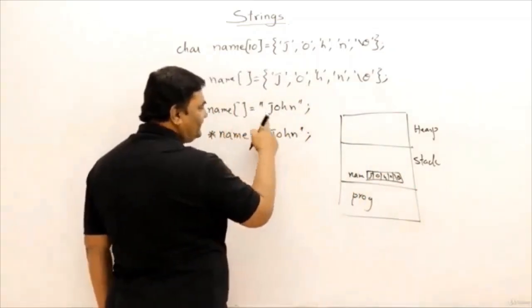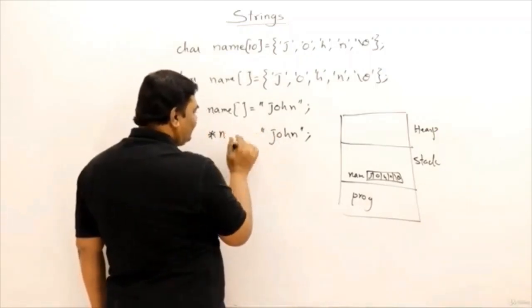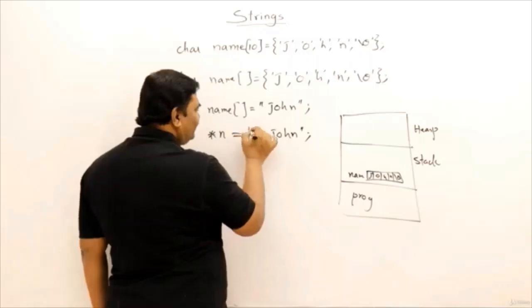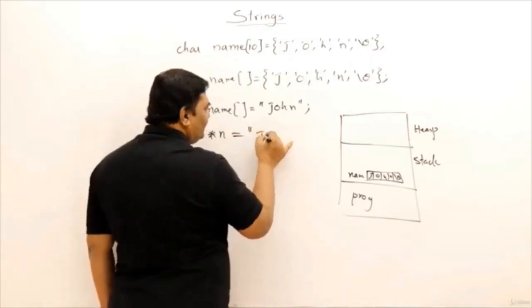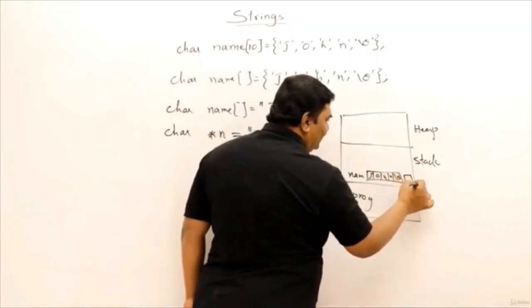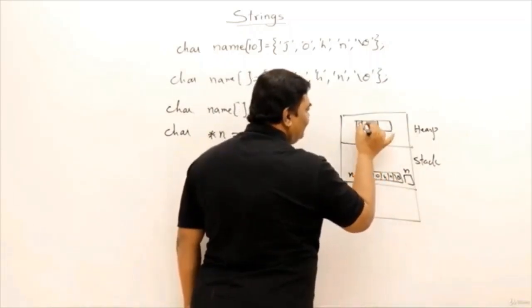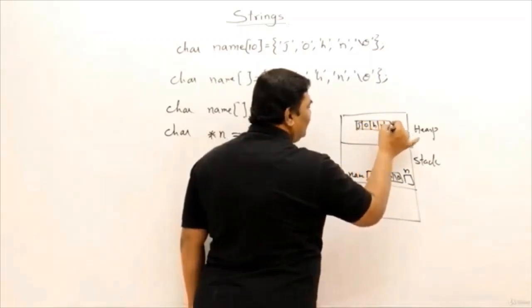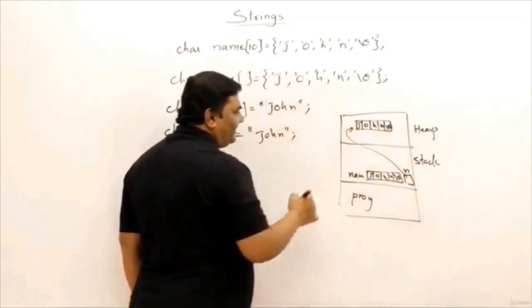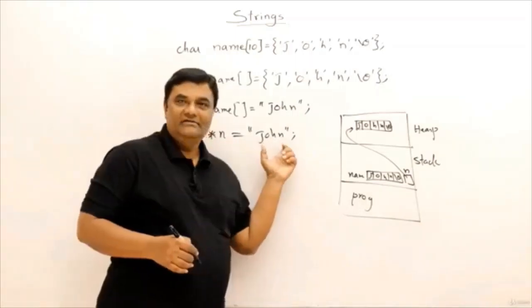If I take the example of this one, I'll just change the name and make it just n, and this is inside heap. Now if you look at this one, this is n and this string is created inside heap along with the \0 and n is pointing there.